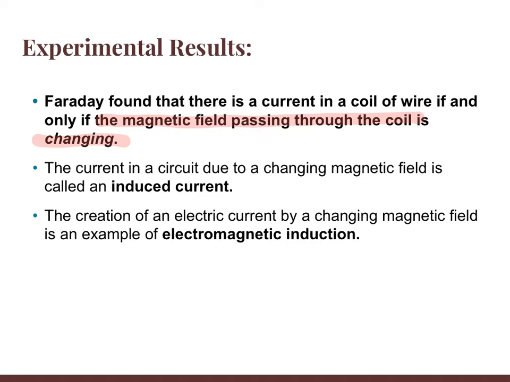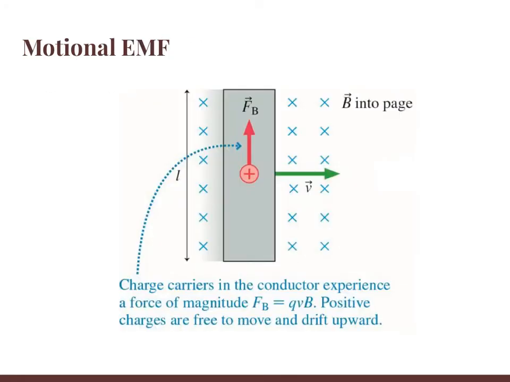If the charges are moving through the B field, then the B field is moving relative to the charges, which would also produce a force, inducing a current. This type of current creation is called electromagnetic induction. It uses a moving B field to produce force on stationary charges. And this moving field generates an EMF, electromotive force.